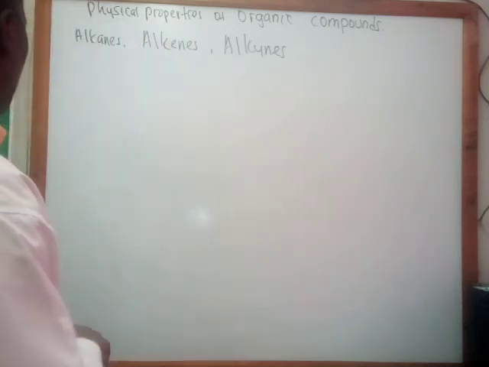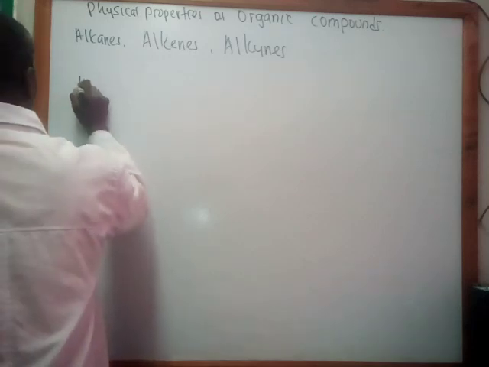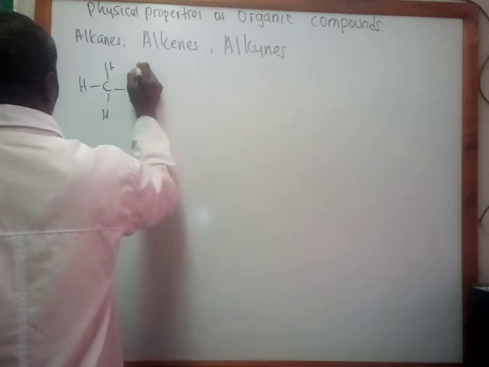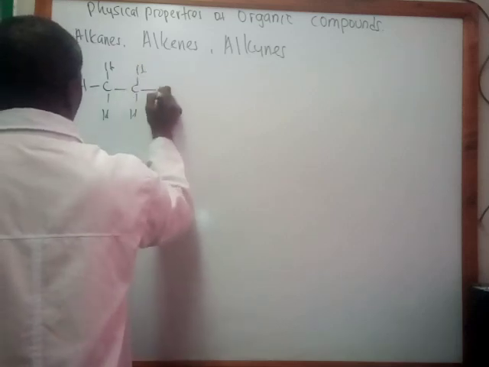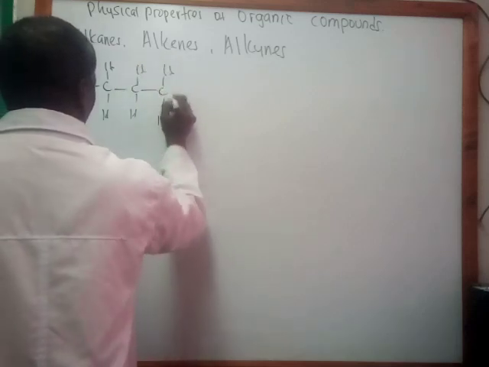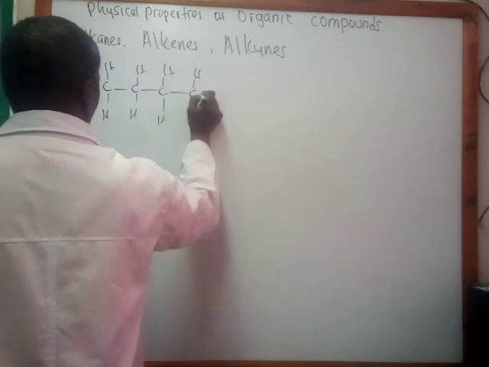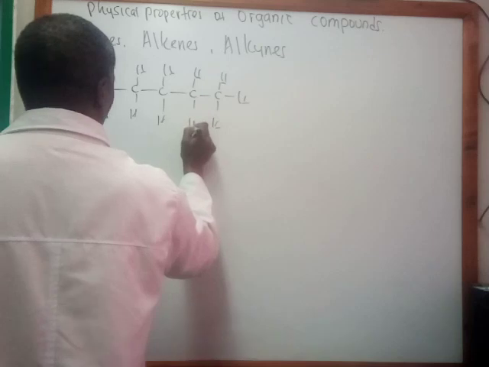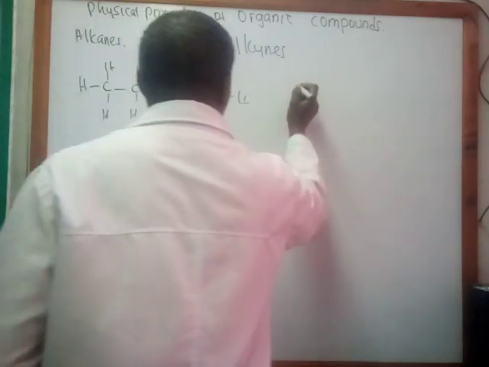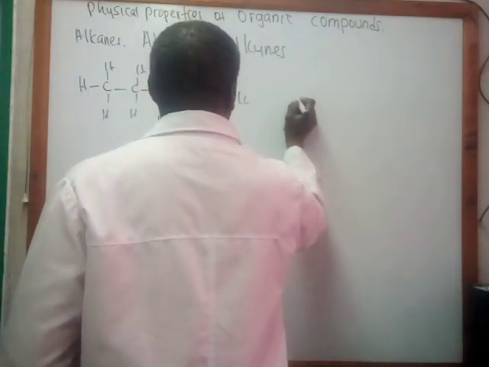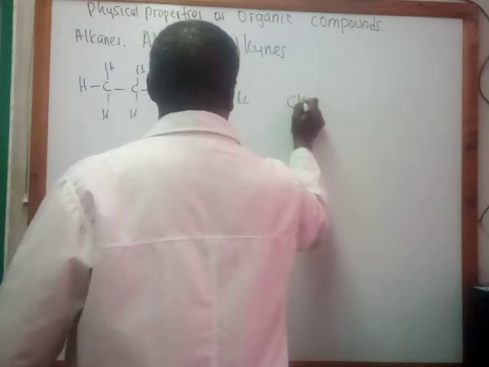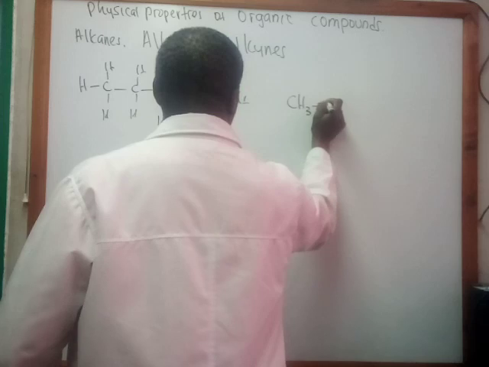So what you're going to see is, if I've got the structure of an alkane, for example, there's that alkane. Maybe I've got another one. Because of the stretching, I'm going to use this format here.